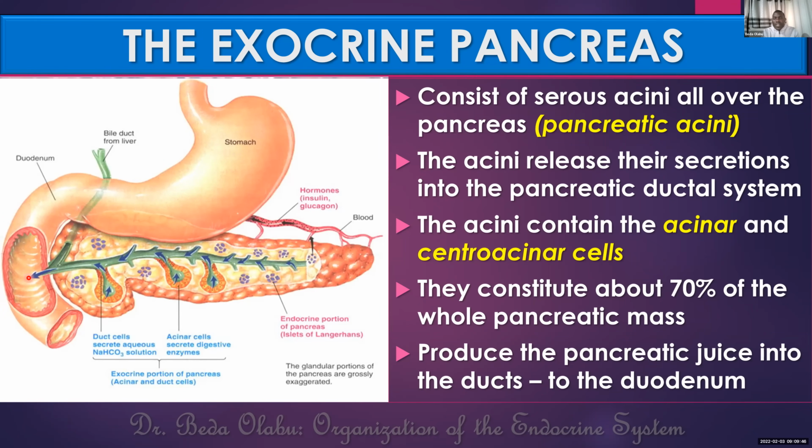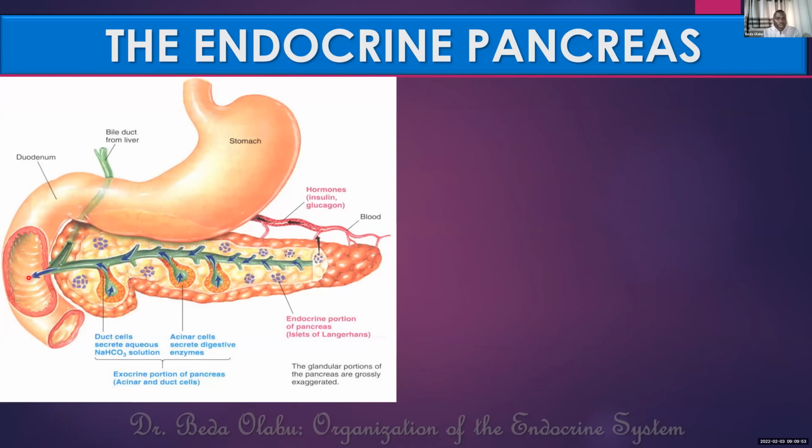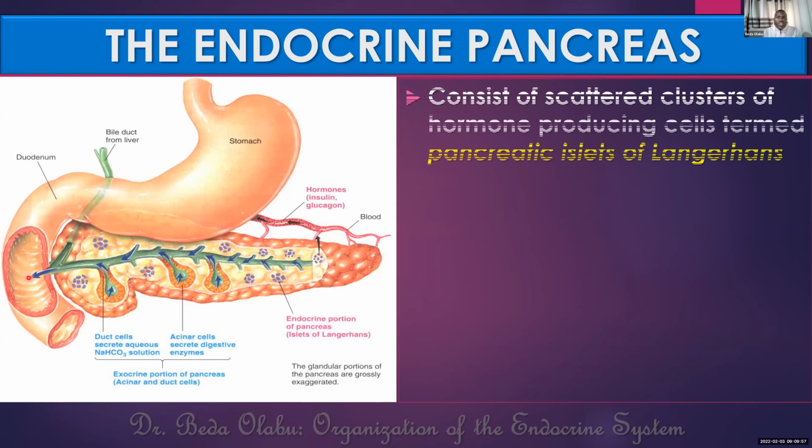Now, that was the exocrine pancreas, not our subject matter. Our subject matter is the endocrine pancreas. The endocrine pancreas consists of clusters. They're scattered all over the pancreas, but they're clusters. These clusters of cells produce hormones.